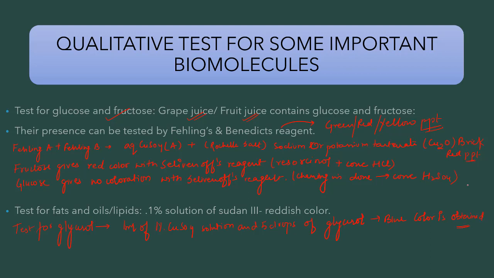So these are the tests for fats, oils, or lipids. First, you can use 0.1% Sudan III solution, which will give the reddish color, and then the test for glycerol is done by adding 1 ml of 1% copper sulfate solution and 5 drops of glycerol. A blue color is obtained.